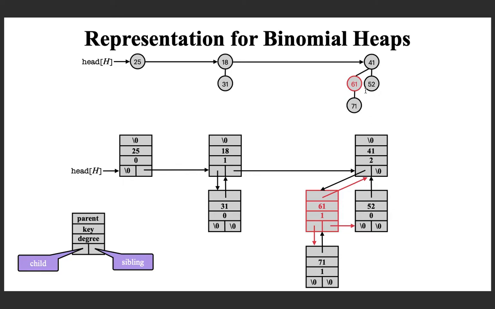So in this case, 52 is the sibling for 61. So that is this link. And you note that for implementing the root list, the sibling field of the root nodes is utilized. The sibling field of this root node is pointing to this node. Similarly, the sibling field of 18 will point to the next. So the same field, sibling, is used to implement the root list as well.